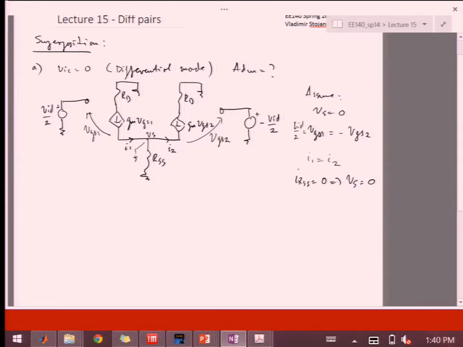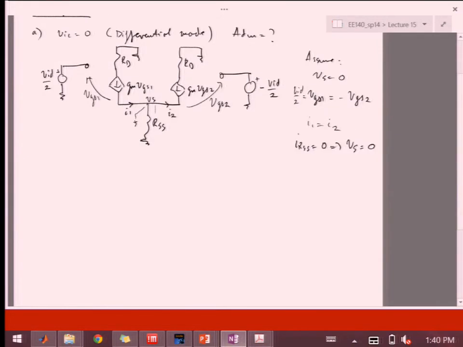So really, this circuit now becomes, I'll label this VO1 and VO2, a simpler circuit. And my output is here.